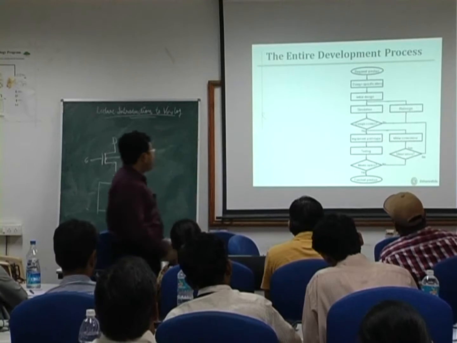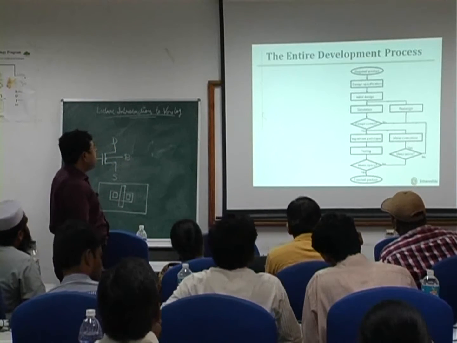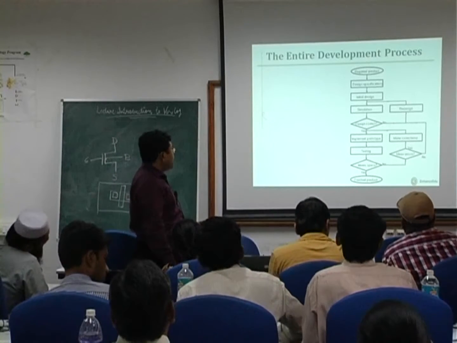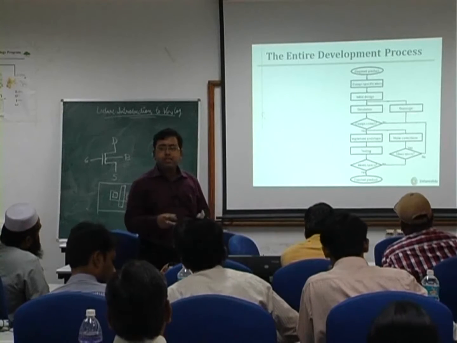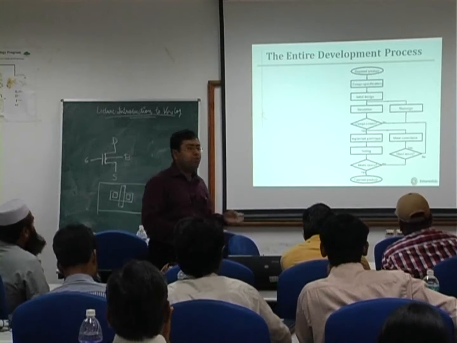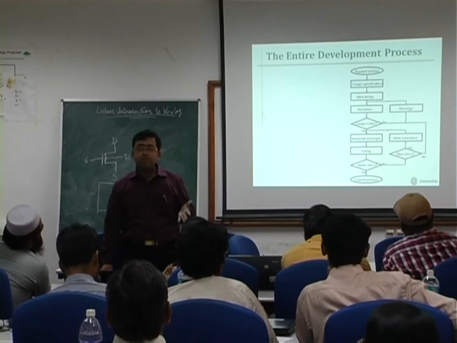So if you see the entire development process for an integrated circuit, once you design the circuit and simulate it and find that the results are okay, you further go for implementing a prototype of it. The prototype can take various forms.